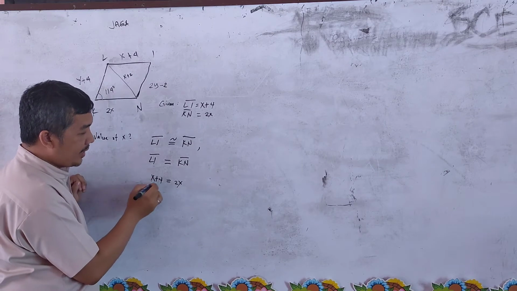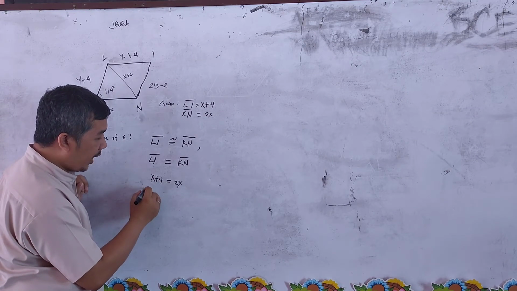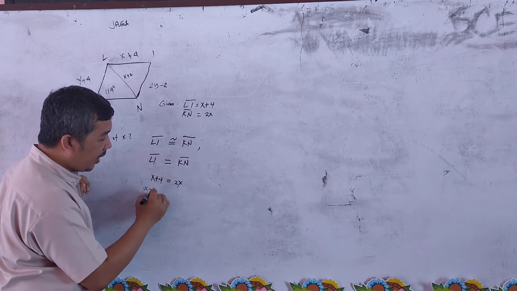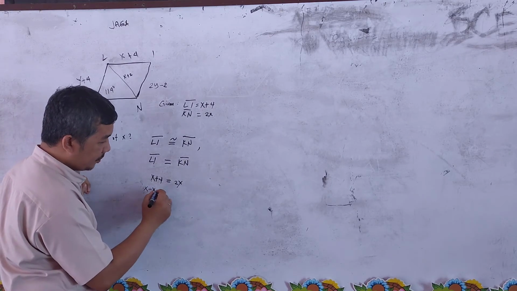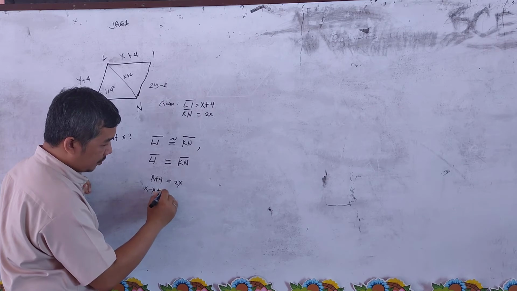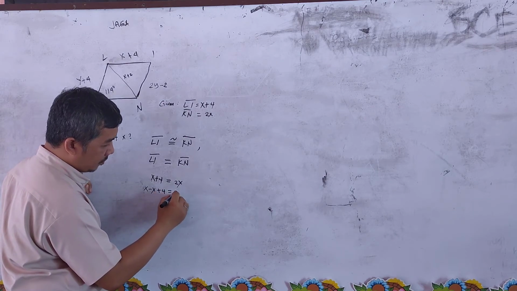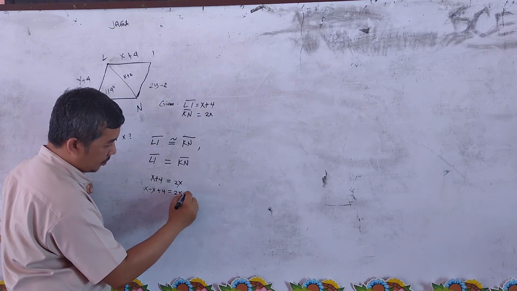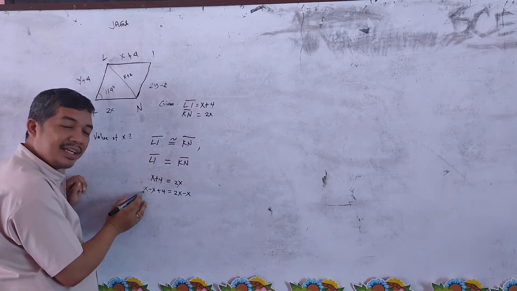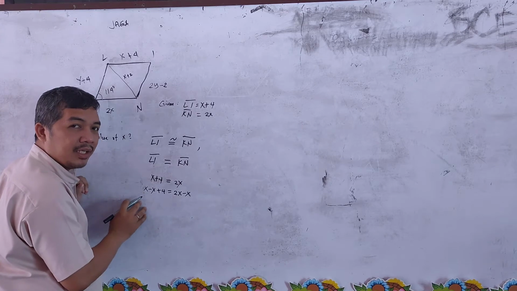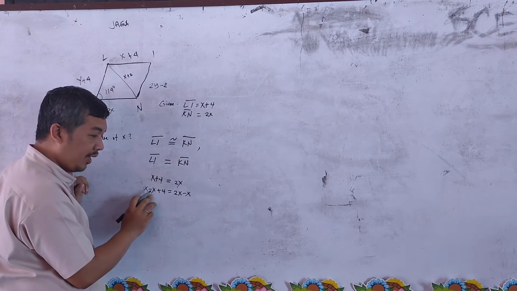So we have to cancel this x. To cancel x, we have to subtract it with the number itself.